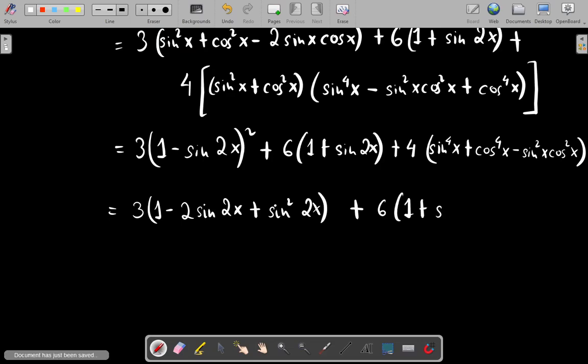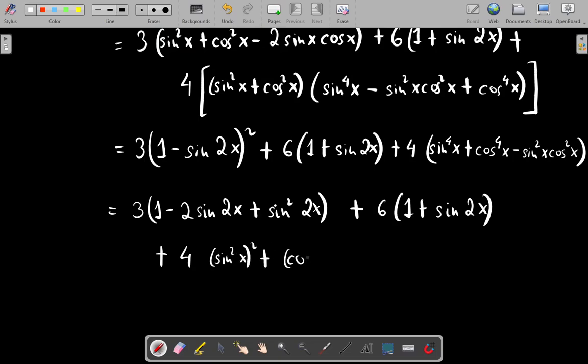So this is 6 times (1 plus sin 2x), and here again for the first two terms I can use a square plus b square, the first two terms, and I'm keeping this term as it is for the time being.